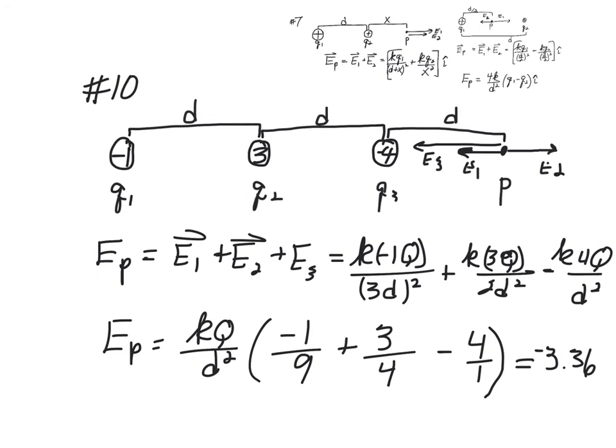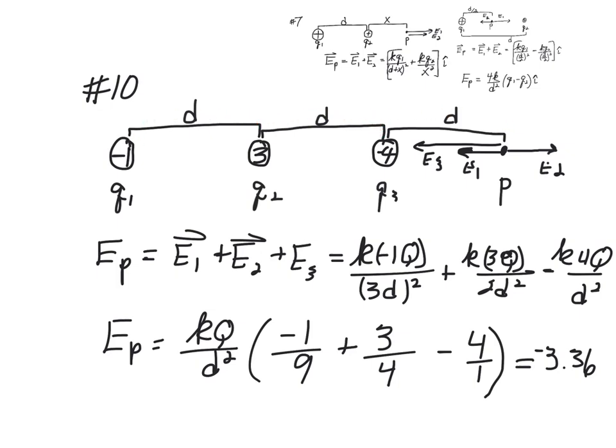Okay, I want to emphasize again the importance of writing all this out. So just get used to writing it out. So the field at P is the sum of three vectors at P due to the three charges which have fields that act at P. And so E1, the field at the point due to charge 1, is going to be K times that charge, negative 1Q, divided by that distance.